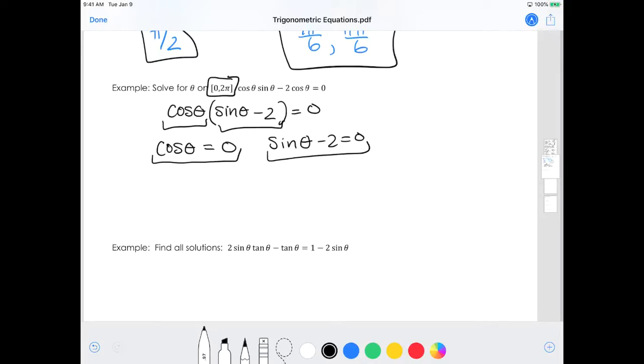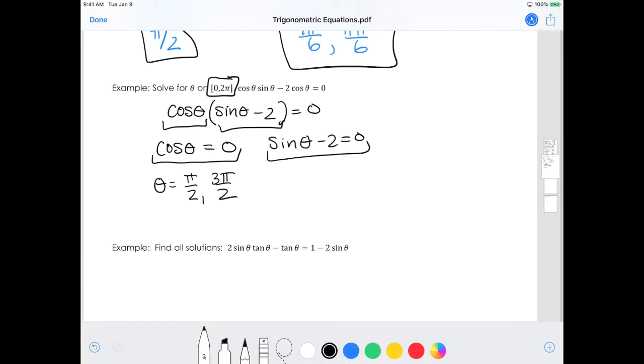It says do it from 0 to 2 pi. So all my answers should be between 0 and 2 pi. There are 2 places on the unit circle where cosine is 0. Cosine is my x coordinate of the terminal point. The 2 places, if I look at the unit circle, are pi over 2 and 3 pi over 2.